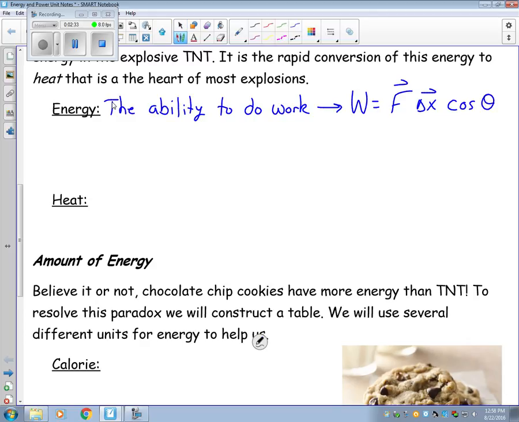So let's say I have a box and I am applying a force at some sort of angle. Think of a rope tied to it. And this box is being pulled some sort of distance.